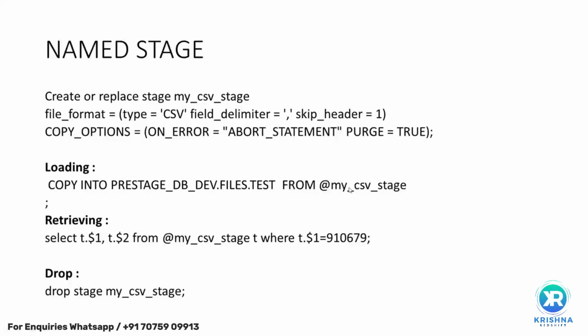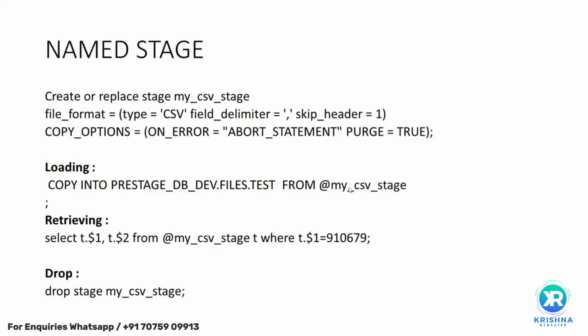That means in Snowflake, every time you load into your target table from a stage, it may be a user stage, table stage, or named stage. We will see loading and unloading next, after the stages.